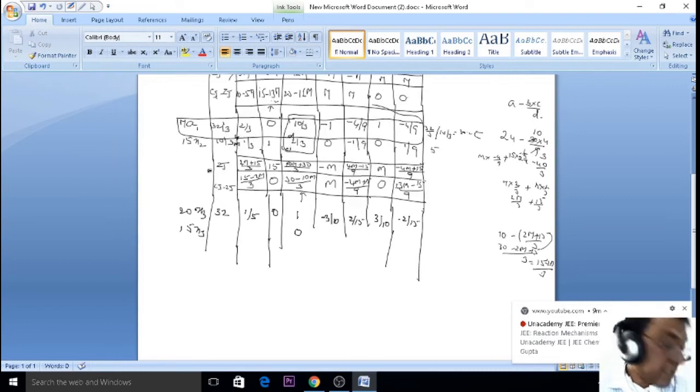Apply our condition: 10 by 3, A minus B into C by D. 10 by 3 minus 2 by 3 B into C, 2 by 3 into D, which is 10 by 3. Using our formula, you will get 6 by 5.